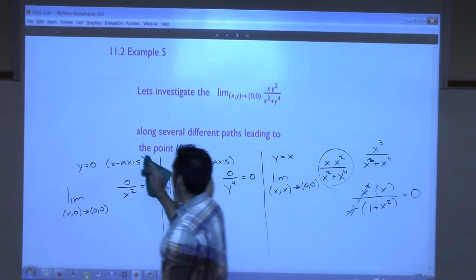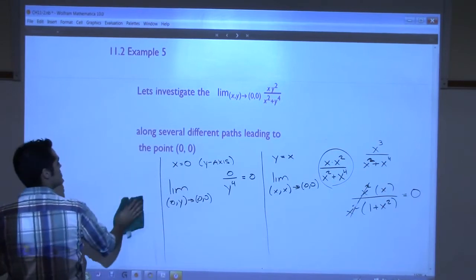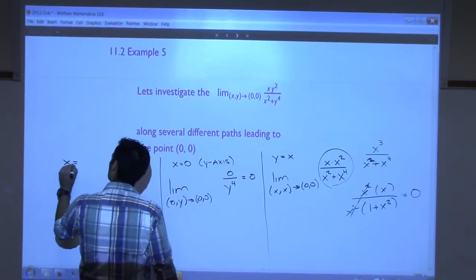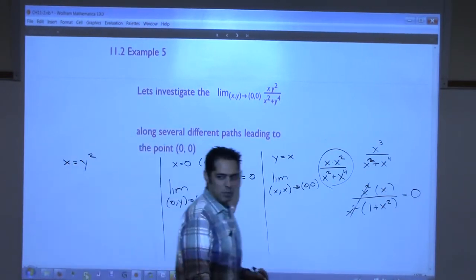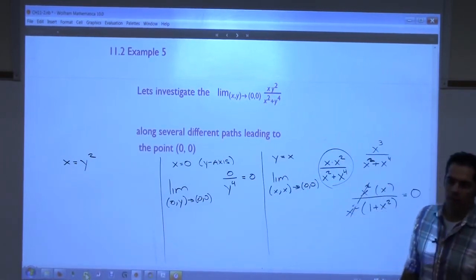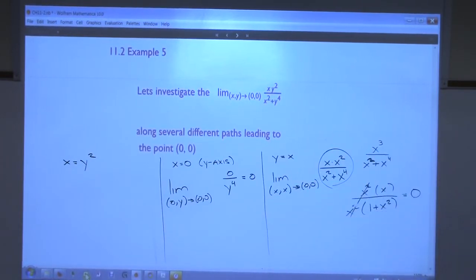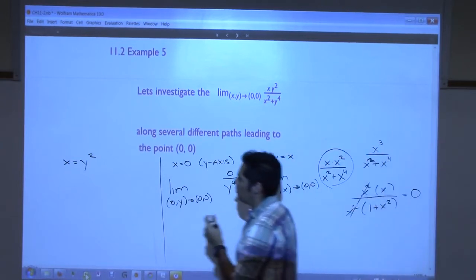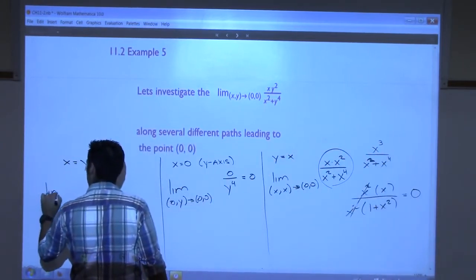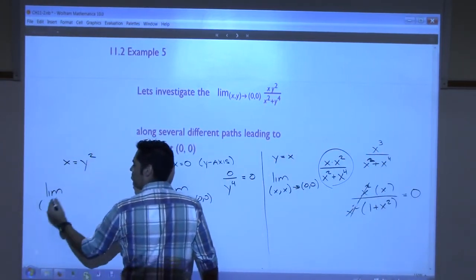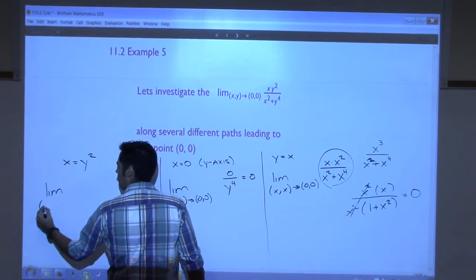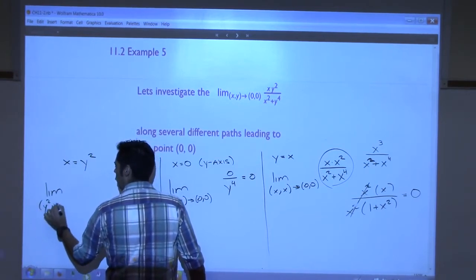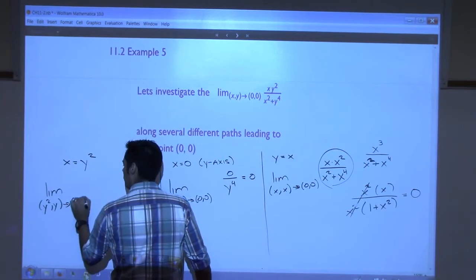So this path, what was it? X is y squared. So let me replace that. This limit's going to be the limit, instead of x, I'm going to put y squared, as y approaches 0.